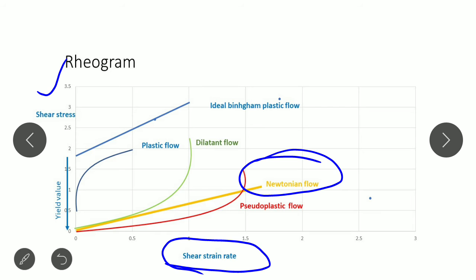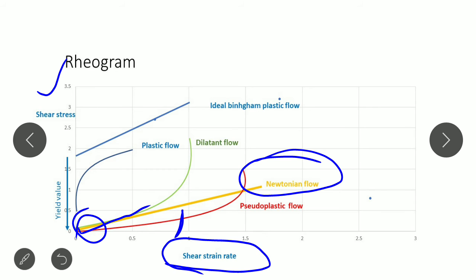For Newtonian fluids, there are a few important points which you have to remember. First thing is, if we plot a rheogram, that will be a linear one and it will pass through the origin like this. That indicates that minimal shear applied will induce a shear stress. If you are applying slight shear, that will produce a shear stress. The same way, the slope of the curve is fluidity.